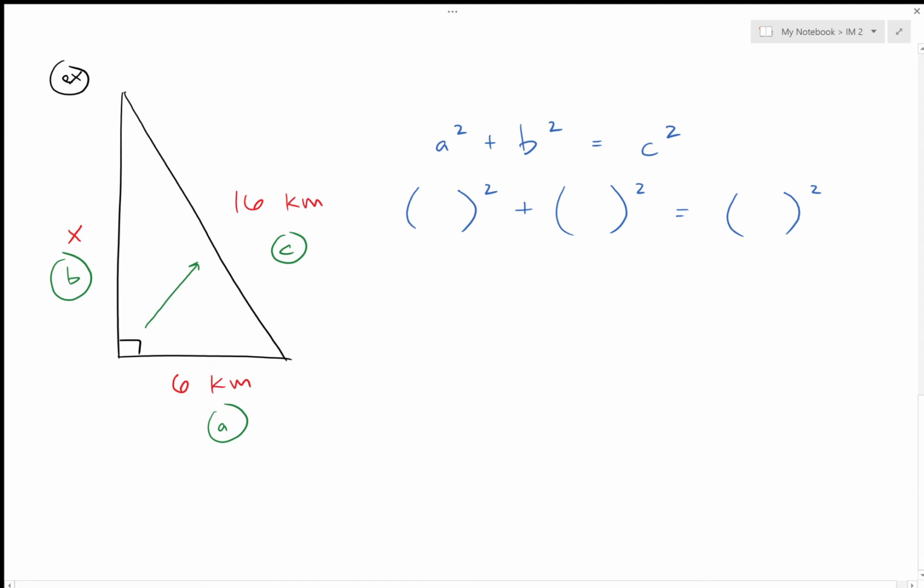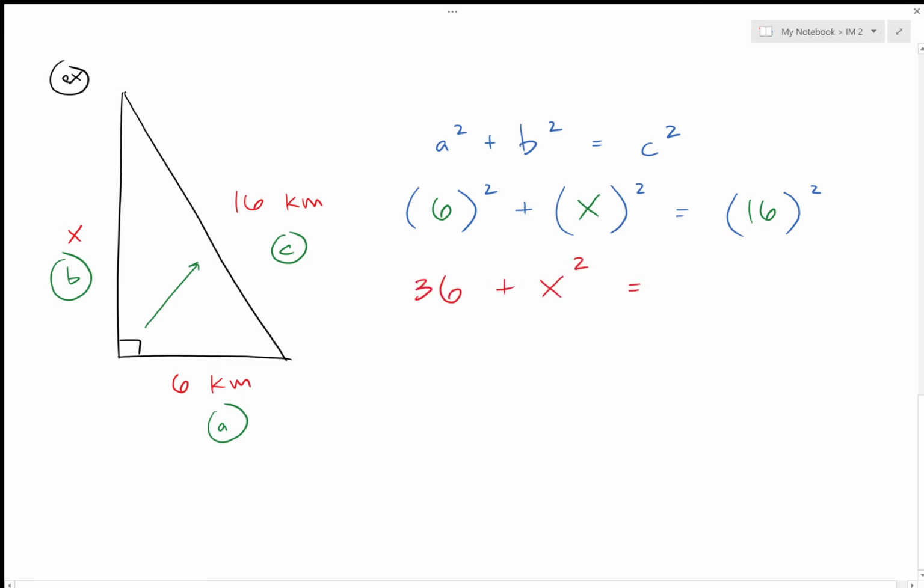So plugging them in. A, we've got labeled as 6. B, X, what we're trying to find. And C, 16. These numbers aren't too bad. 6 squared is 36. X is X squared.